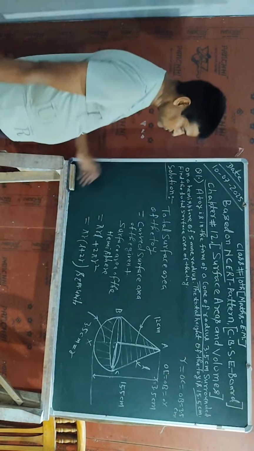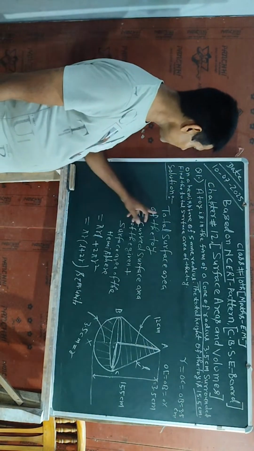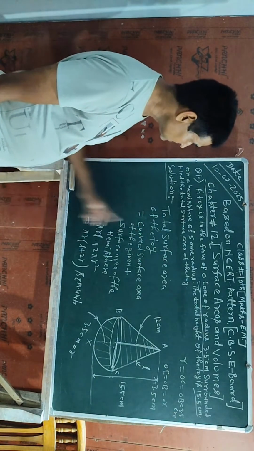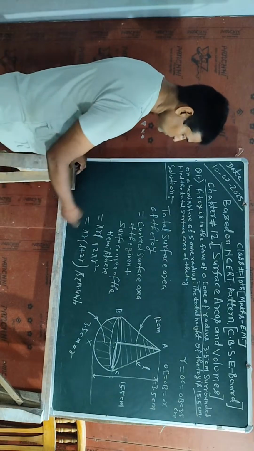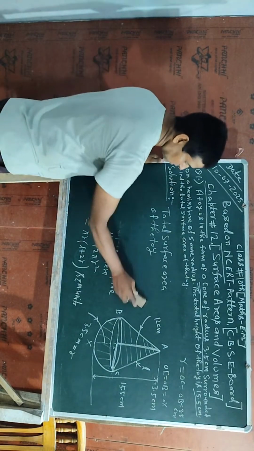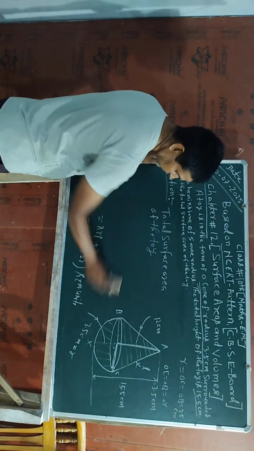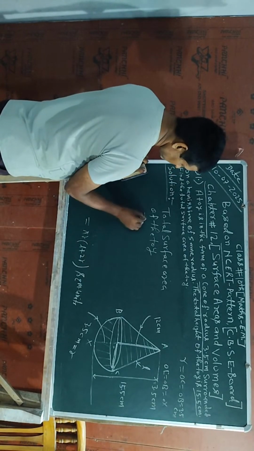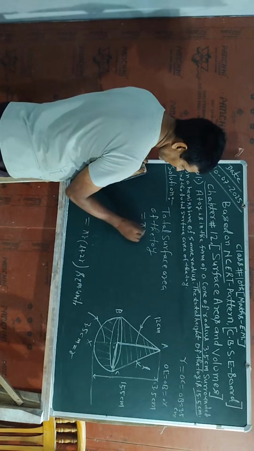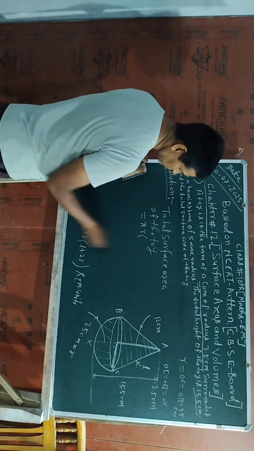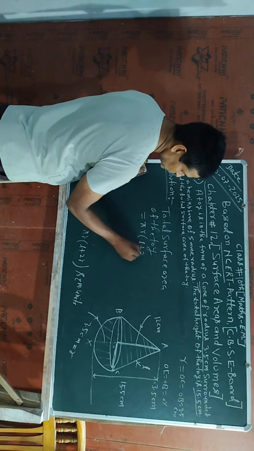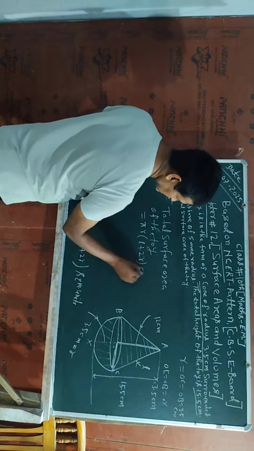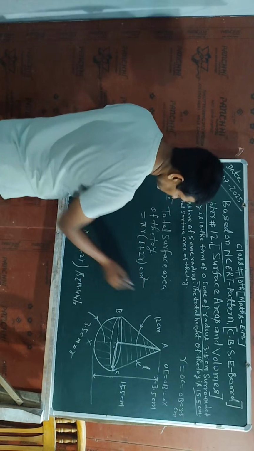So this formula I will use to find the total surface area of the toy, which is asked in the question. I write pi r, in the bracket L plus 2r, and it is given in centimeters, so it will be centimeter square.